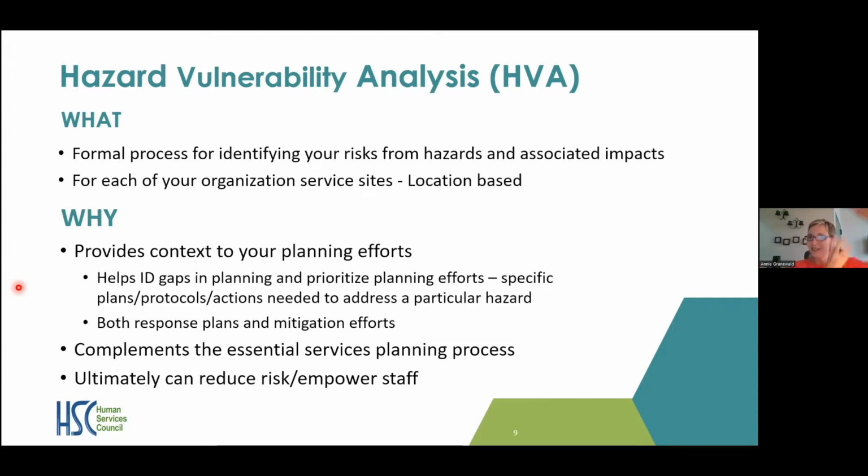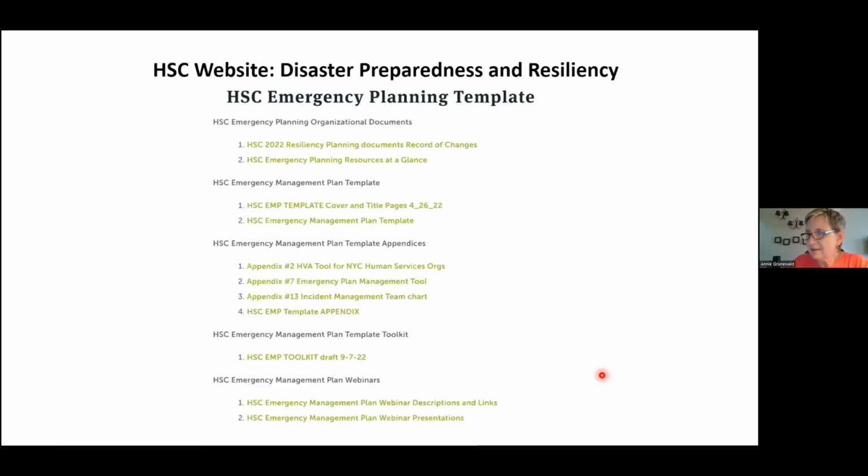Remember, we said you're just looking at your vulnerabilities from a different perspective. And ultimately, it reduces risks, and most importantly, it empowers staff so they know what to do when certain kinds of hazards are affecting your organizations.